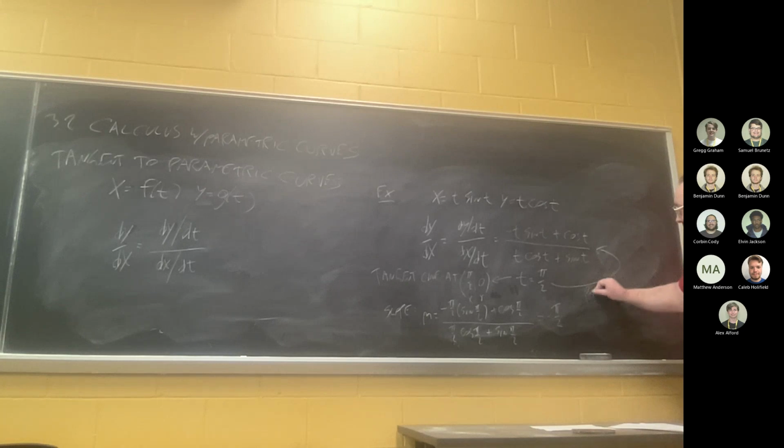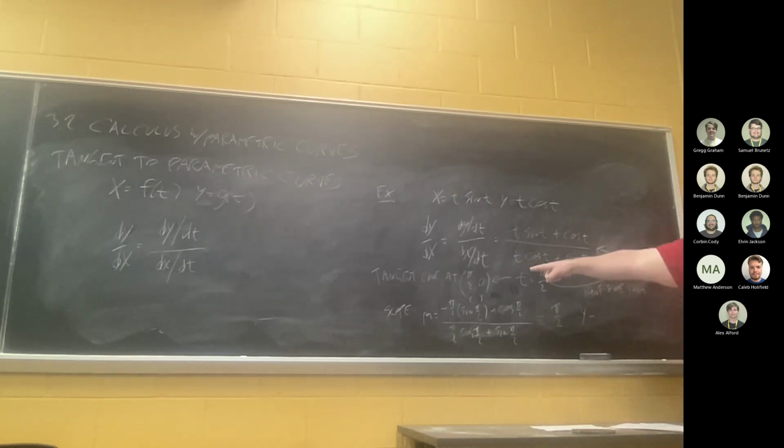To get the tangent line, the easiest way is point slope form. y minus the given y value, which is 0, is equal to the slope times x minus the x value, which is pi over 2.